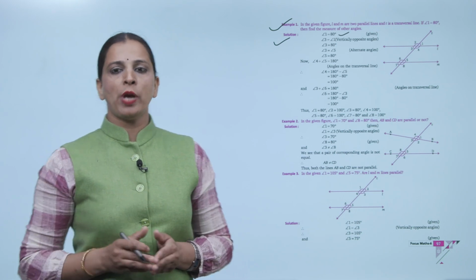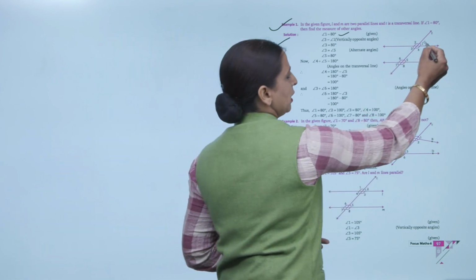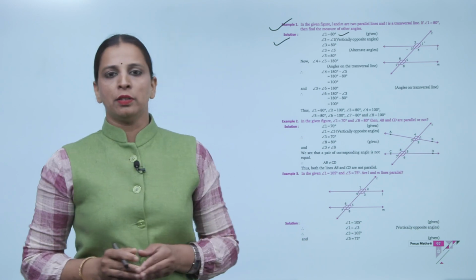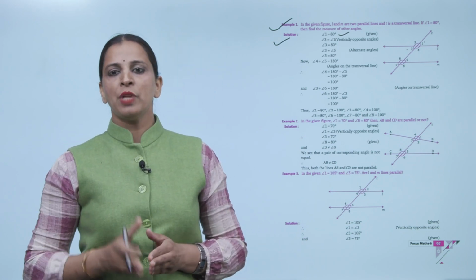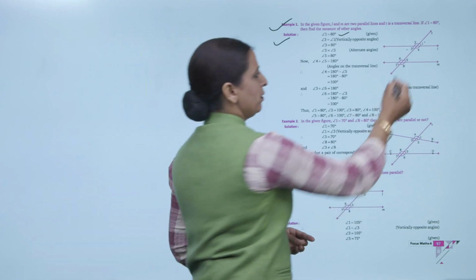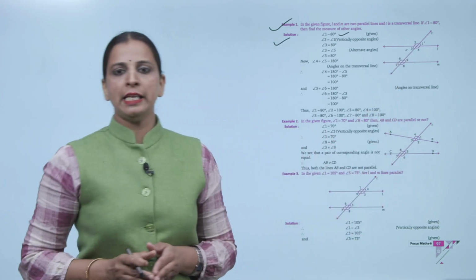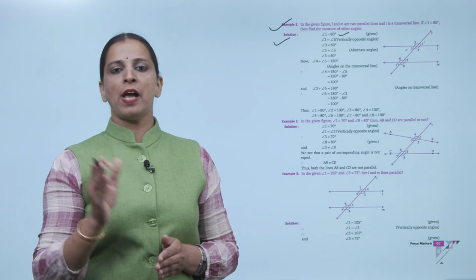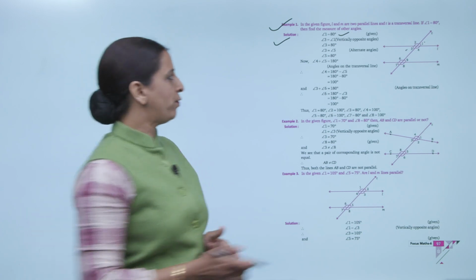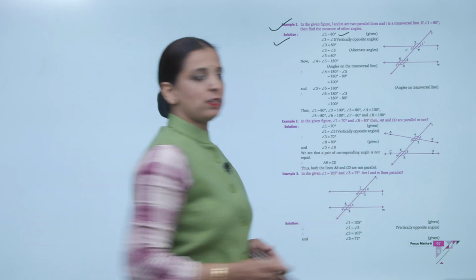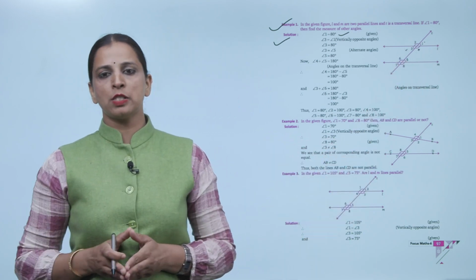Angle 3 is equal to angle 1. Angle 3 and angle 1 are vertically opposite angles. So angle 3 is equal to 80 degrees. Angle 3 is equal to angle 5, alternate interior angles. So angle 5 is also equal to 80 degrees. Now angle 4 plus angle 5 is 180 degrees, angles on the transversal line.